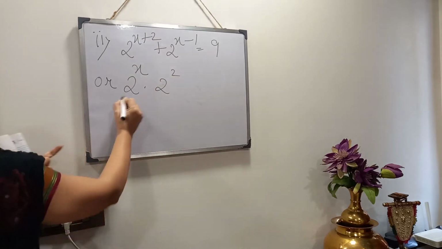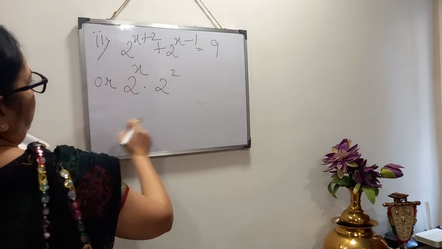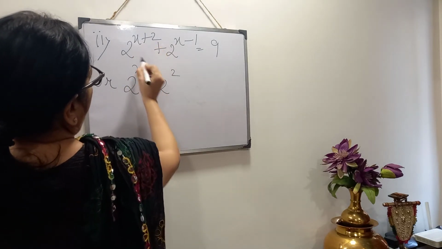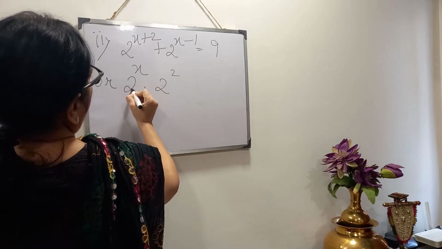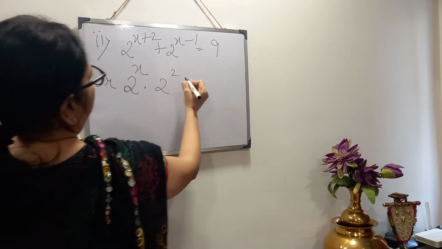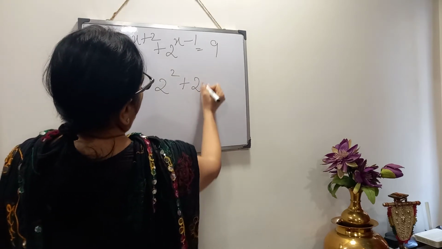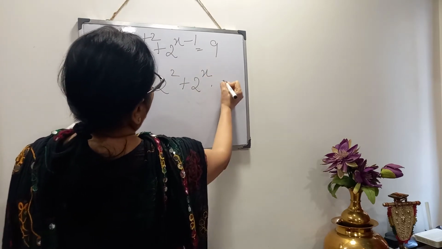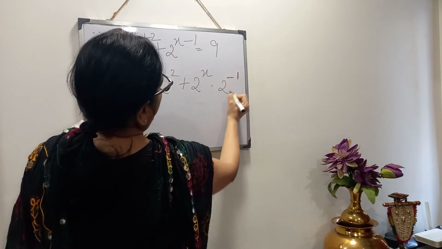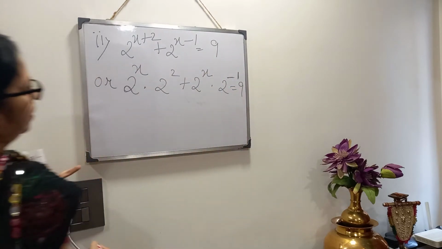If you multiply then powers will be added, so it will become x plus 2. Now I have separated this in this way, 2 to the power x into 2 square. Similarly here 2 to the power x into 2 to the power minus 1. Clear? Equals right hand side 9.